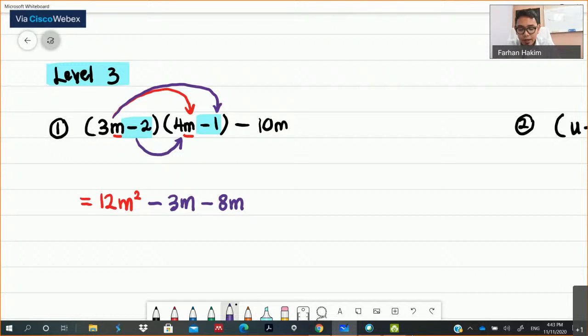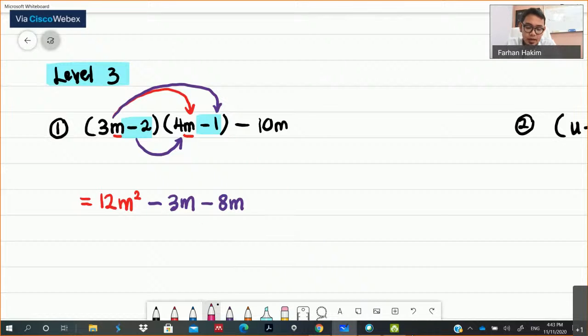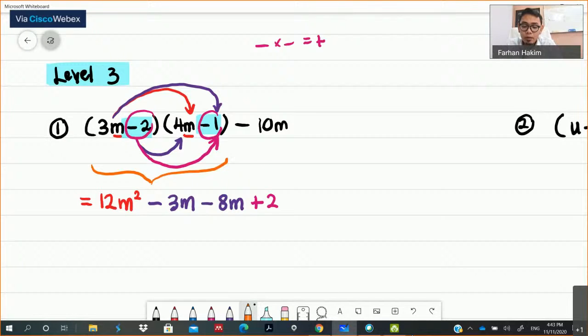All right, and finally, negative 2 multiplied by negative 1, positive, because negative multiplied by negative will get positive, so positive 2. That one is the one that we already expand, meaning to say only this part. We also have this part at the back there, you just copy it, all right? So it'll become minus 10m.